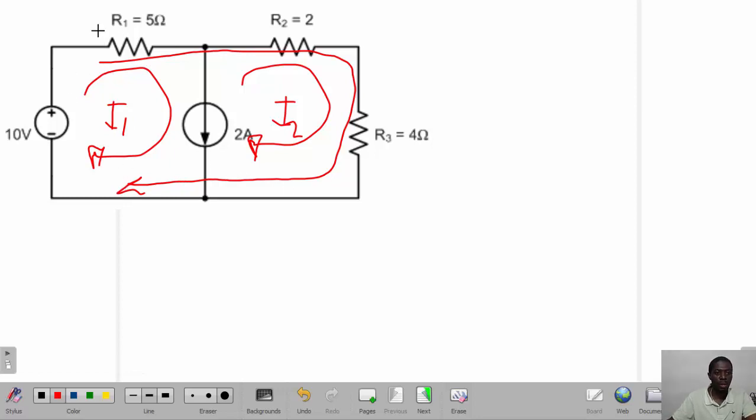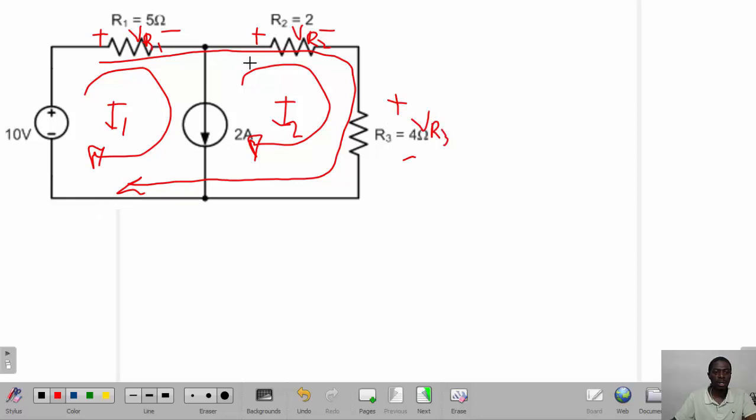So the voltage drop around this resistor 1, considering the direction of the current flow, is going to be plus minus VR1 plus minus VR2 plus minus VR3.